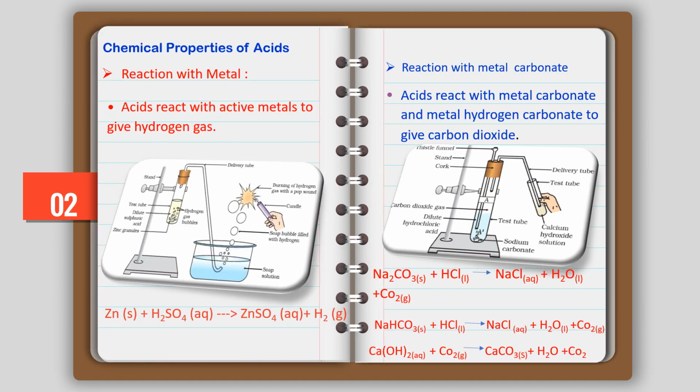Now we will discuss the chemical properties of acids. As you can see in this picture, a test tube, zinc granules are added, and then dilute sulfuric acid is poured onto the zinc granules. After some time, you can see the rubber cork with the delivery tube.